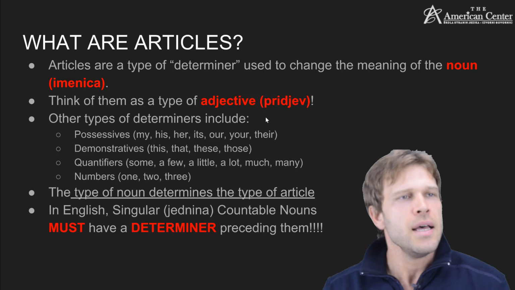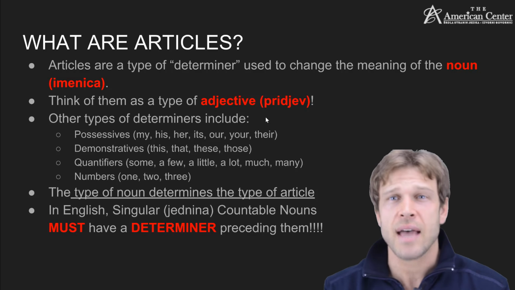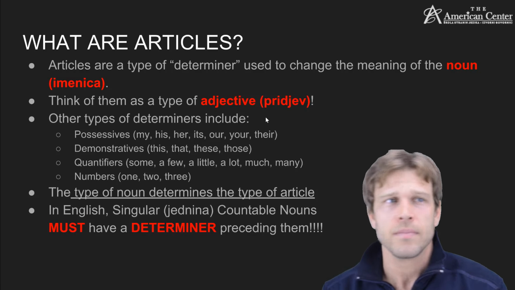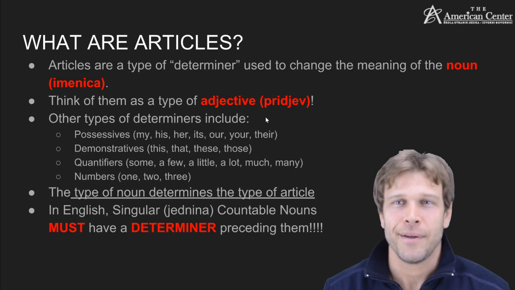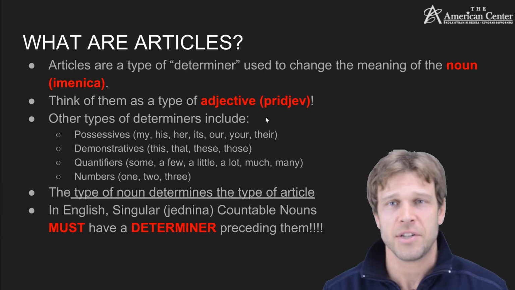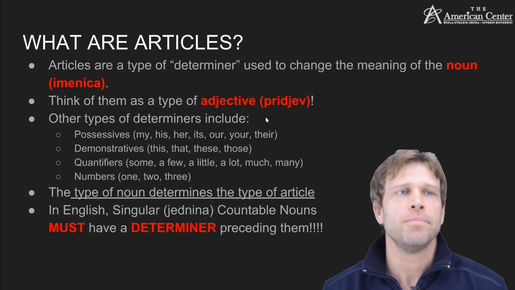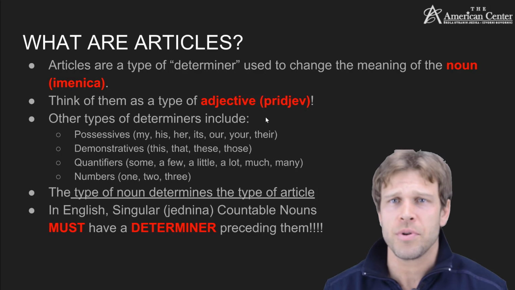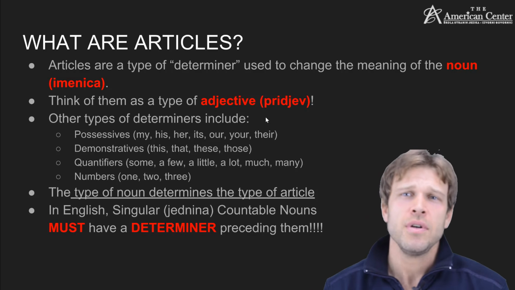Determiners can be a possessive adjective, a demonstrative like this, that, these, those, a quantifier: some, many, much, etc. Numbers, of course, 1, 2, 3, 4, 5. So, you're already familiar with these types of words, and articles are the same thing.